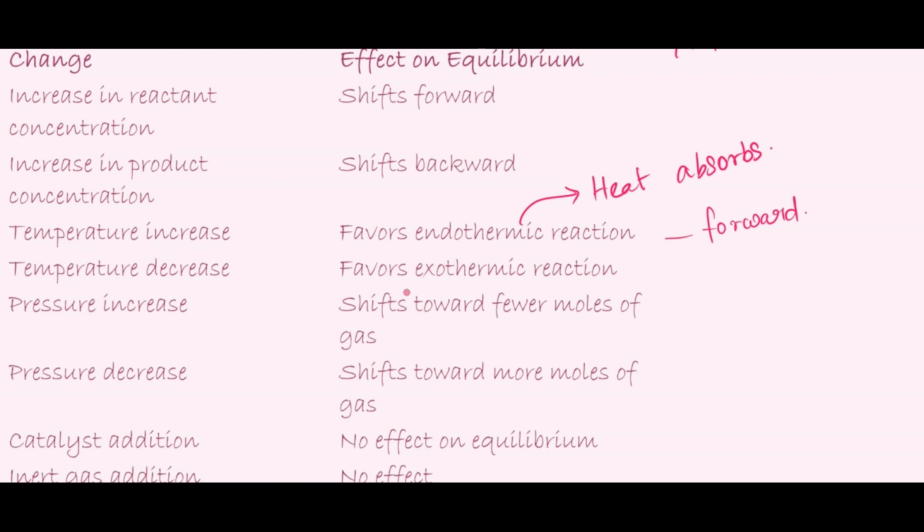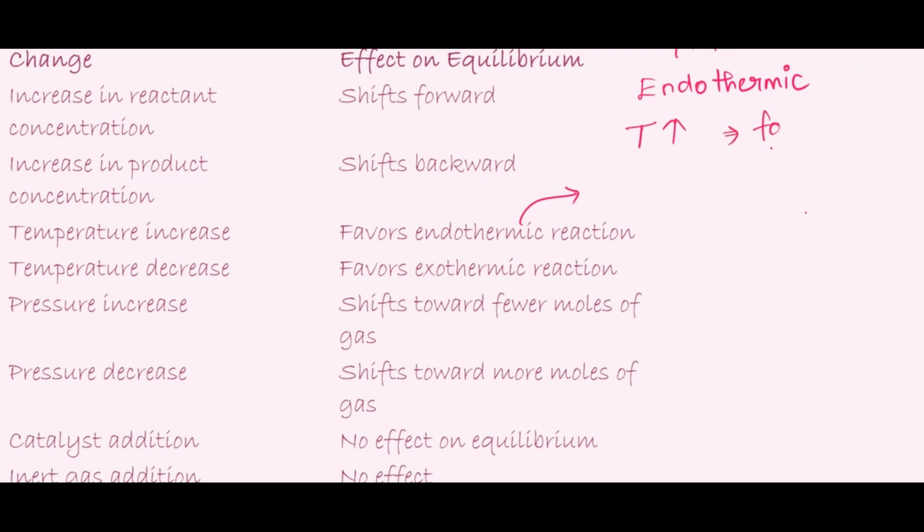Okay. So if I am increasing the temperature, I am writing here clearly. So temperature condition means there are two possibilities. Temperature increases, in case of endothermic reaction, it leads to the forward direction. If temperature decreases, backward direction.